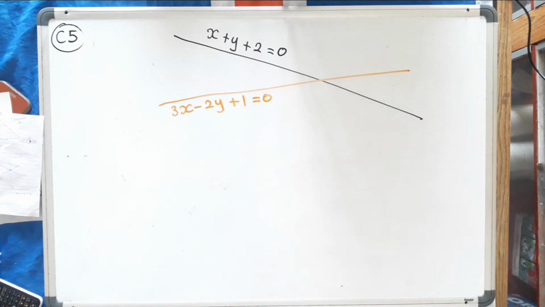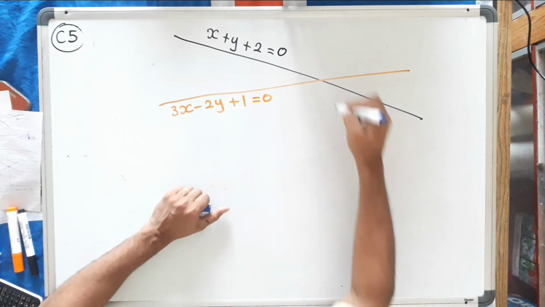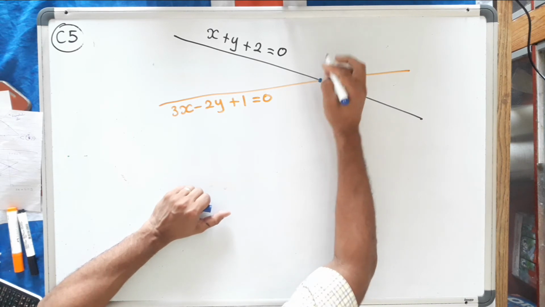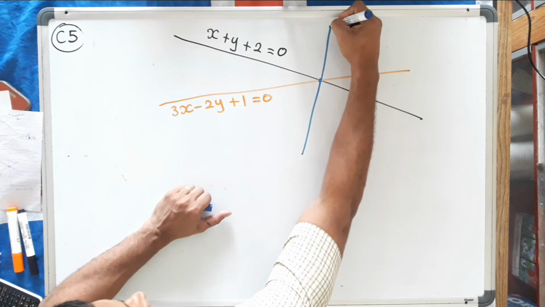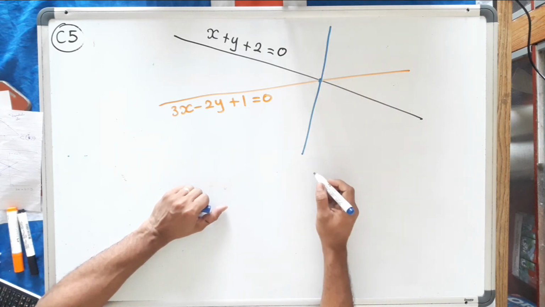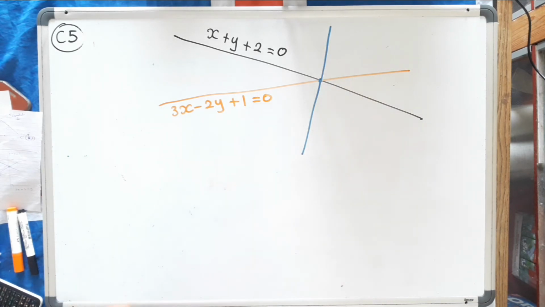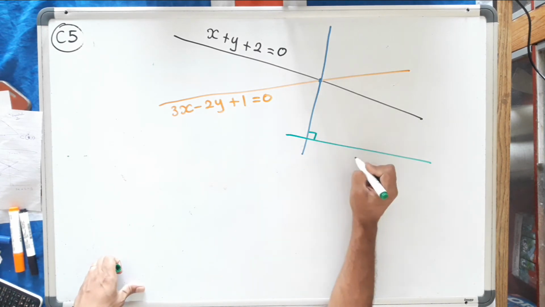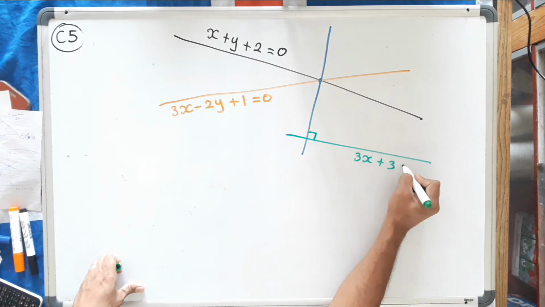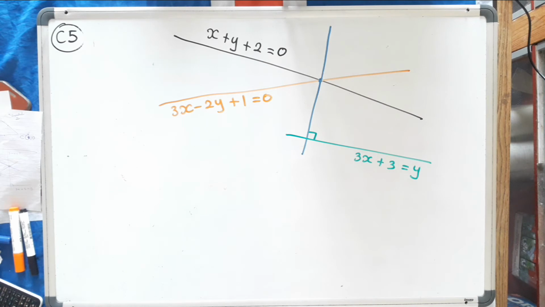So they gave you the equation of both of those lines. Apparently, you see where these two lines meet? There's a line going through that point. And this blue line apparently is perpendicular to the green line, which is y is equal to 3x plus 3.